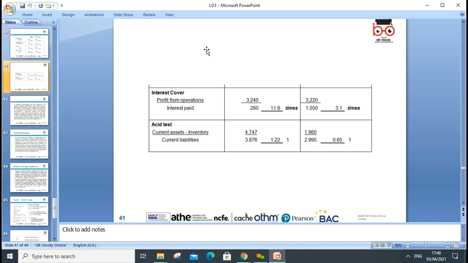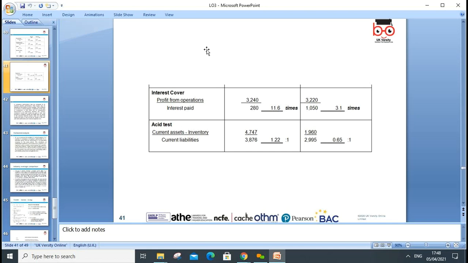But if we look at the Paprika company, they have only 65 pence worth of assets against £1 worth of liability. So for every £1 they owe, they have only 65 pence worth of their own assets. So which is more risky? Yes, they have less liquid assets, which are near to cash. If we look at the interest cover ratio, the profit in Anika is 11.6 times higher than the interest they have to pay.